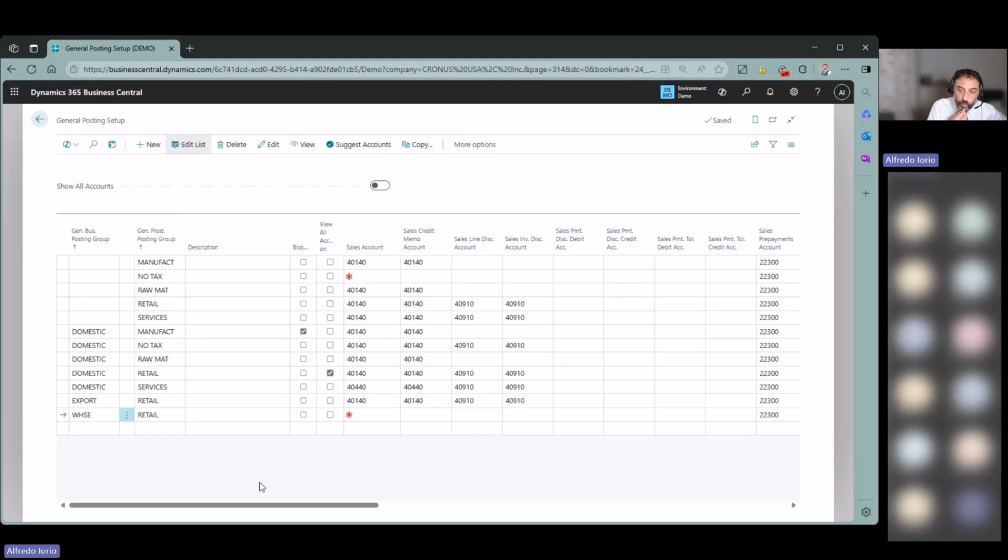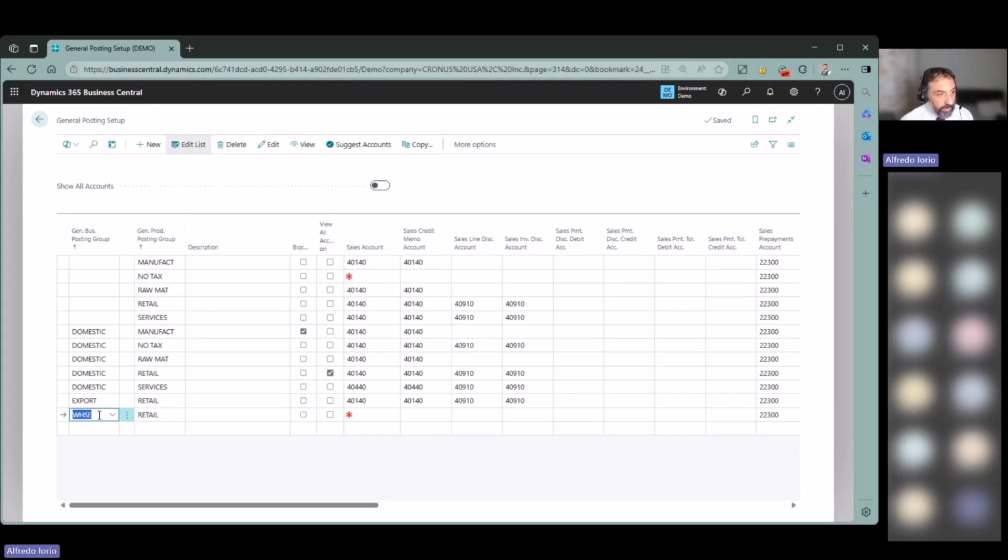I didn't say who we transact with, right? Because you might say, well, general business posting group is customers and vendors. Well, what does it mean here? I'll show you that in a moment. Think about general business posting group as a reason code for transactions, and your client's understanding will change.